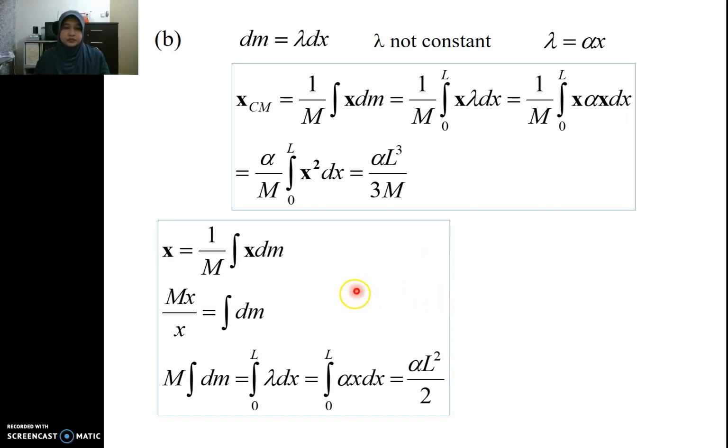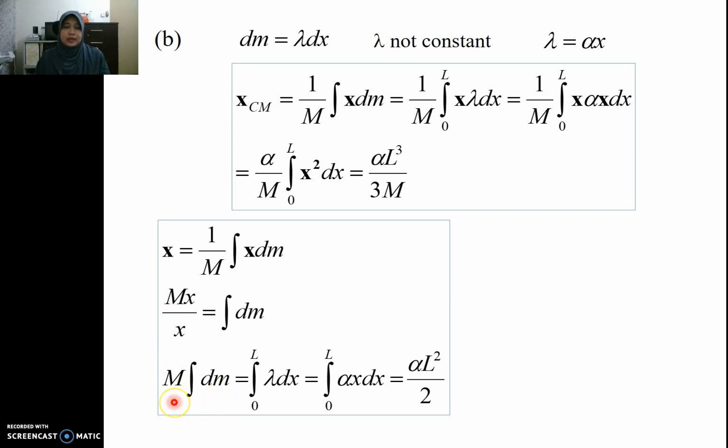Then what we do is, since x_cm equals 1 over m integral of x dm, you bring m over here, and bring x over here. We just integrate dm. If we take the entire rod, x cancels, so we have integral of dm.